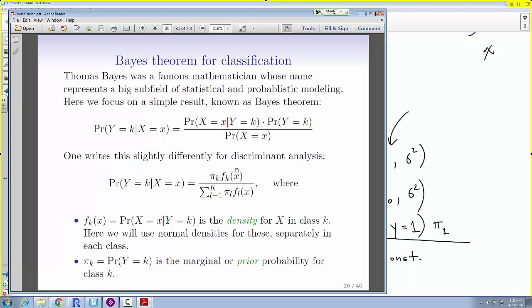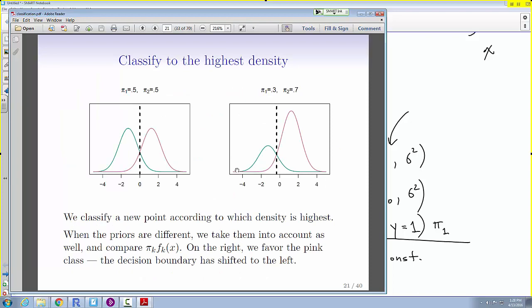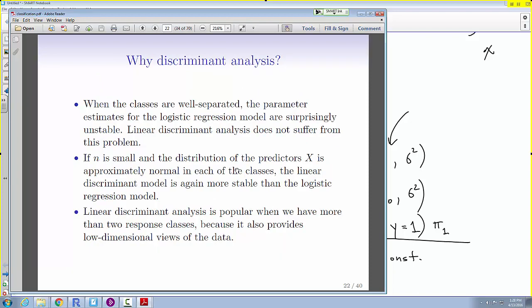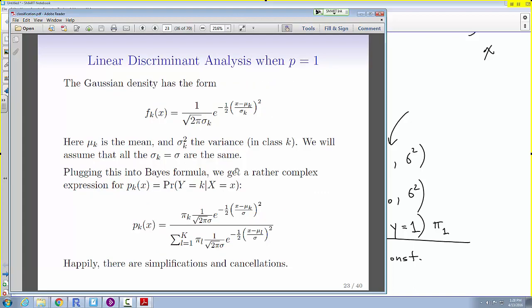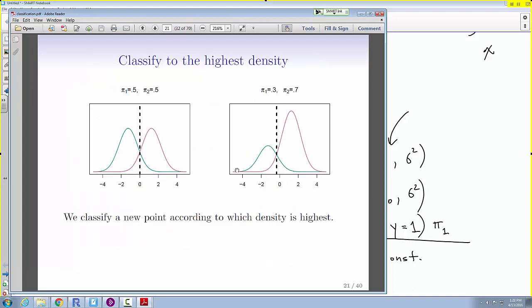All right. Almost out of time. Let me try to get away from the math and show us something intuitive. A very basic idea of classification.